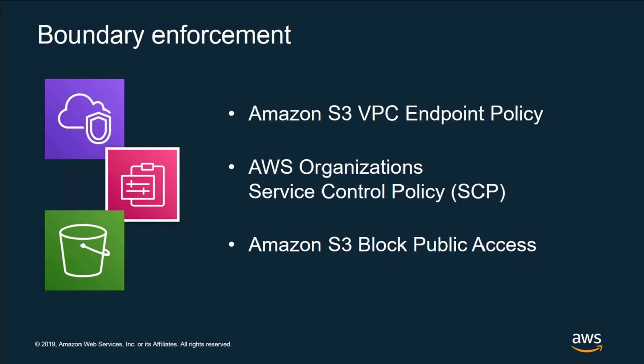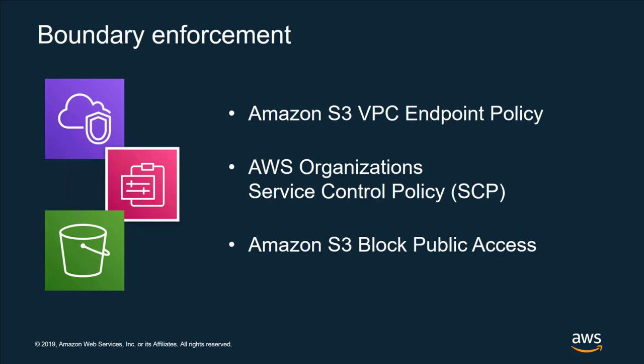Now, we have other tools that help you with what we call boundary enforcement. For example, a common mechanism users use today is to access S3 from their VPC, or virtual private cloud. So you have applications or users running in your virtual private cloud, and you're able to access S3.